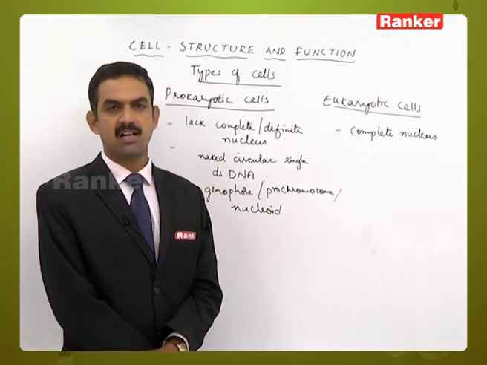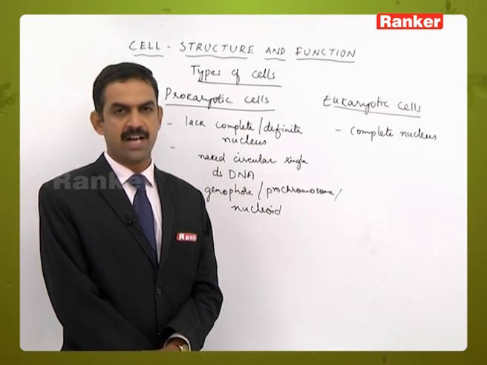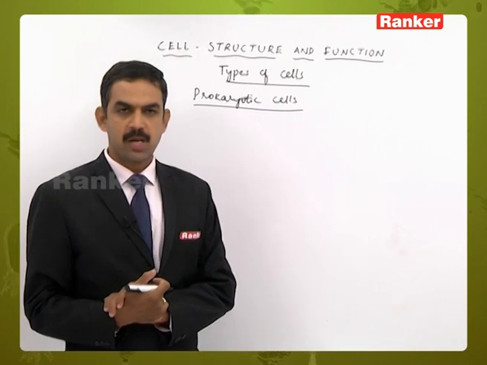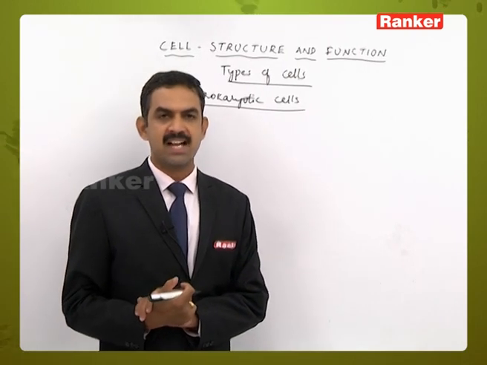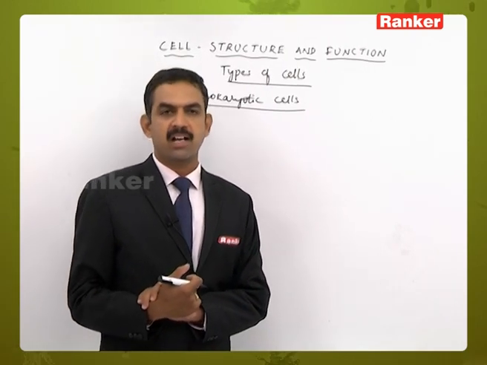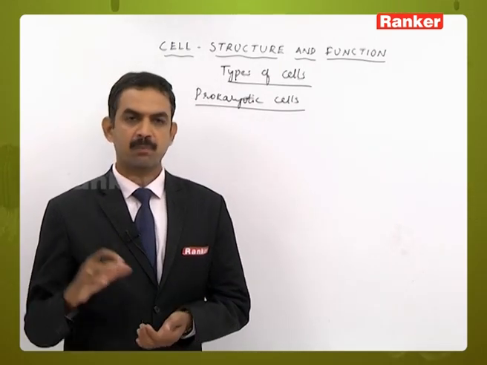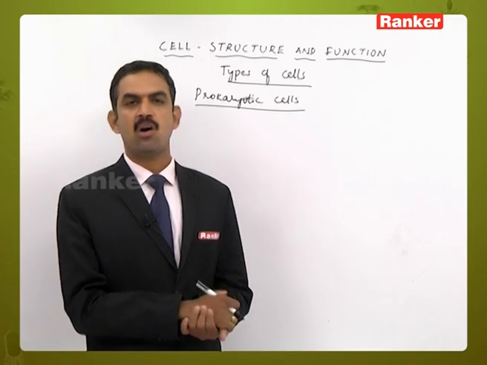Now let us discuss the basic features present in a prokaryotic cell, where it differs from the eukaryotic cell. In the evolutionary aspect, the prokaryotes are considered primitive. We say that bacteria are the primitive structures formed in the universe.